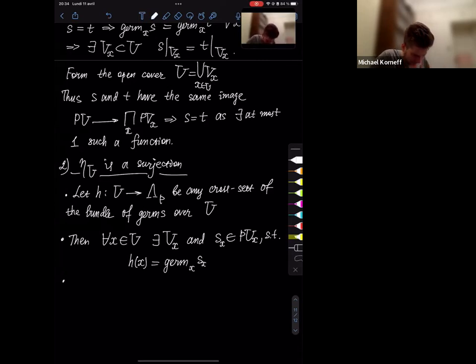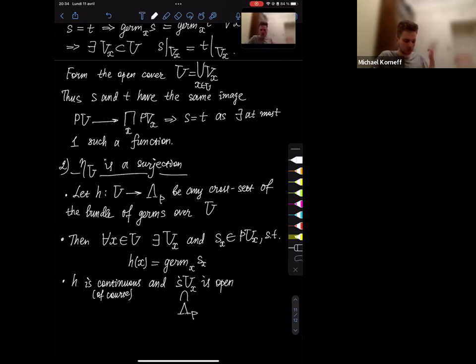The next step, h is continuous, of course. And the set Sx dotted over Ux, which is a subset of lambda P, is open by definition of the topology.